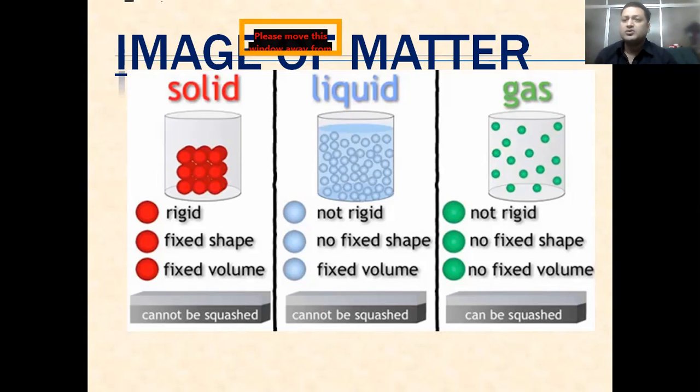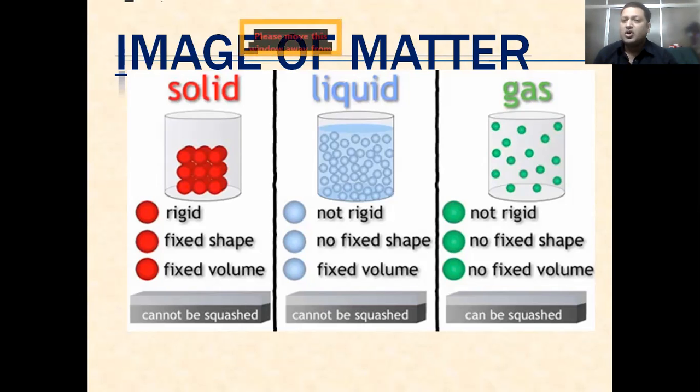Because the shape of the liquid fully depends on the container's shape. If you keep it in a long bottle or an oval or round container, the liquid takes the container's shape.